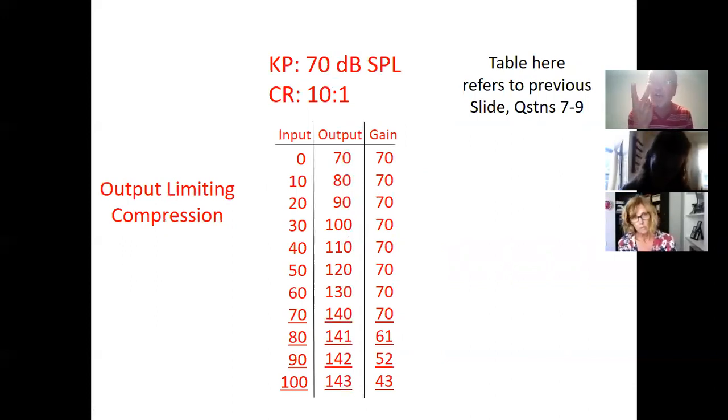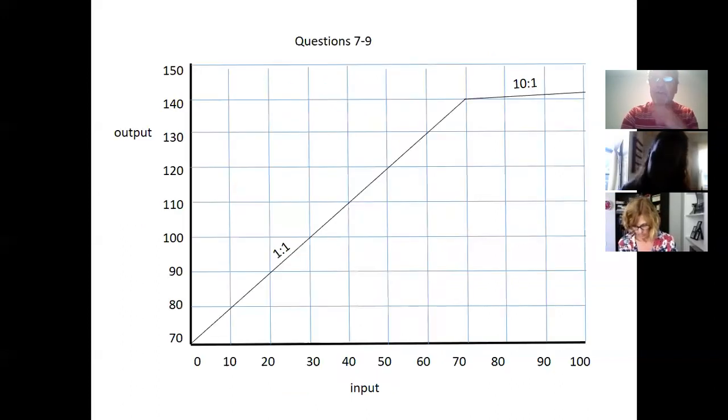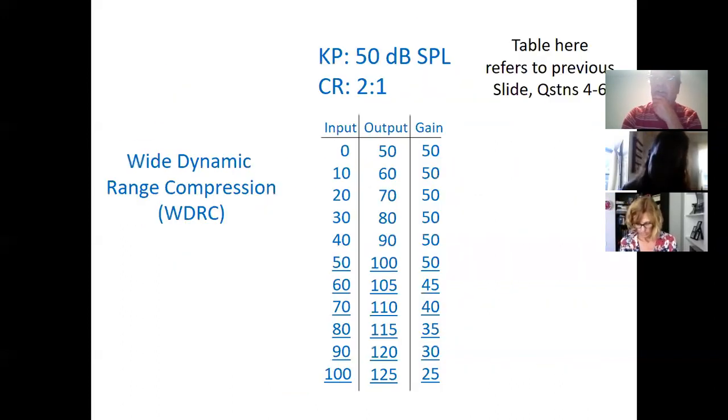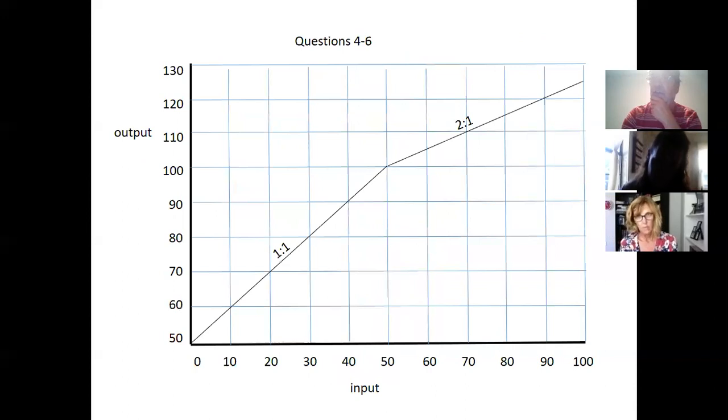Notice the two things that make the difference between this graph and this graph. This one's WDRC. It has a low knee point and a low compression ratio.